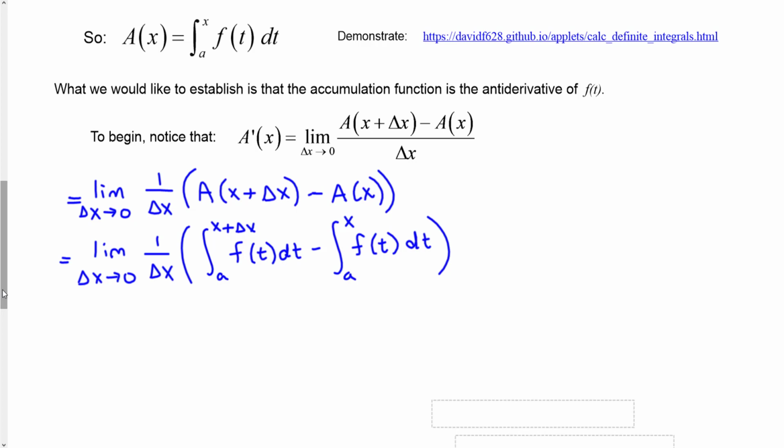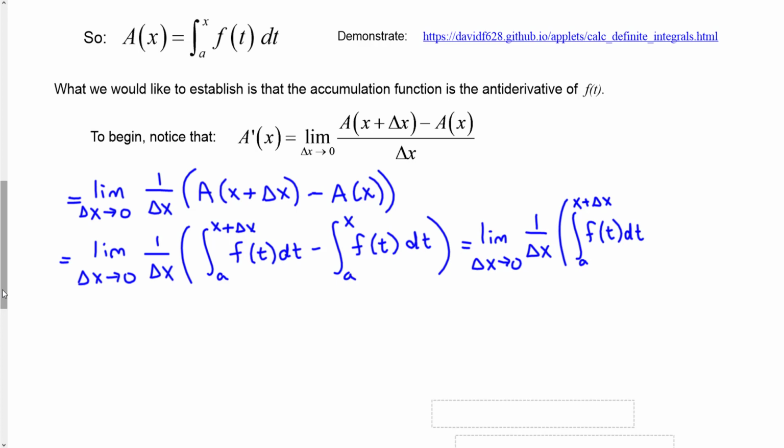And the next thing that I'm going to do is this. I'm going to rewrite this so that this is now the limit as delta x goes to 0, 1 over delta x times the integral from a up to x plus delta x of f of t dt.